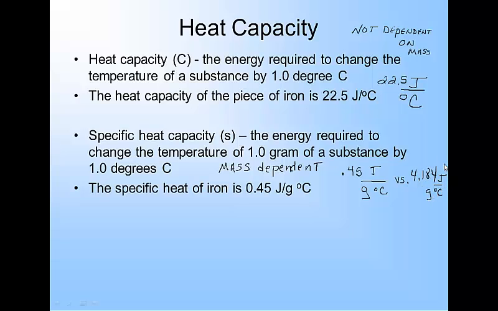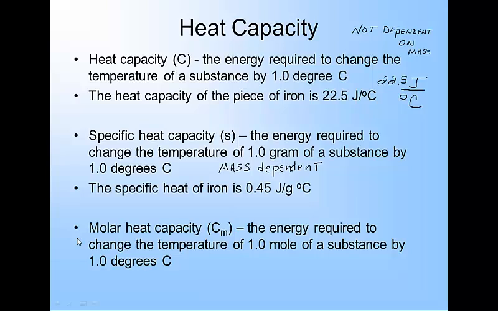I mean, that's a much larger number, so water is a little more resistant to temperature change because it's got a larger specific heat. So in other words, iron is going to heat up faster.